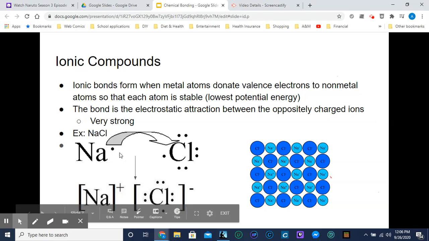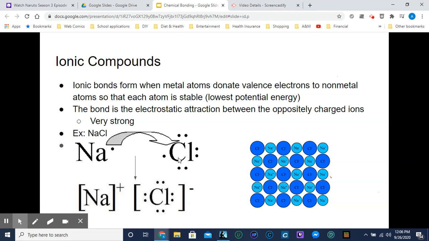We should also mention ionization energy. Sodium has a low ionization energy and chlorine has a high one, which means it's pretty simple to remove the electron off of the sodium, and then the chlorine is going to readily accept it so it can fill its octet.